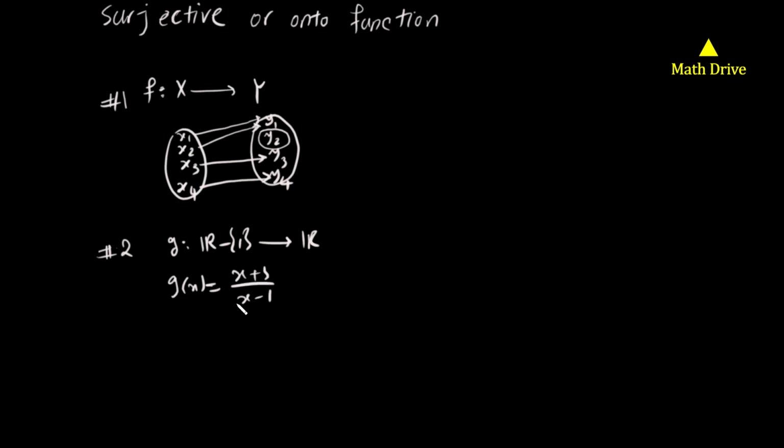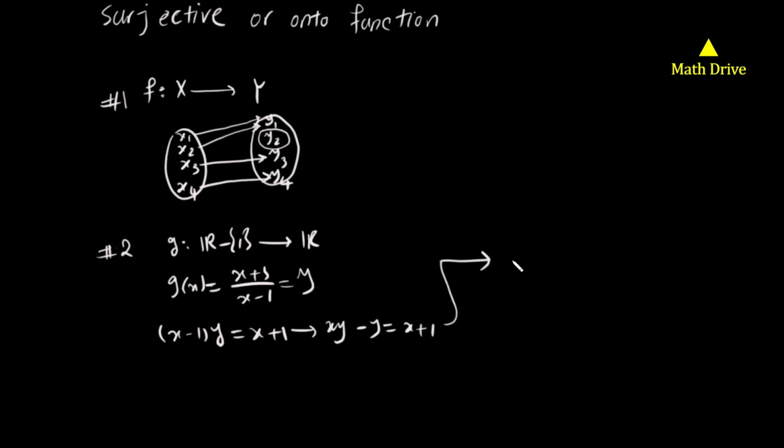In order to find out the output or range of this function, we need to rewrite this function with respect to the input x, meaning if this is, for example, y, and we multiply this top to bottom, we get (x minus 1) multiplied by y is equal to x plus 1. xy minus y is equal to x plus 1.